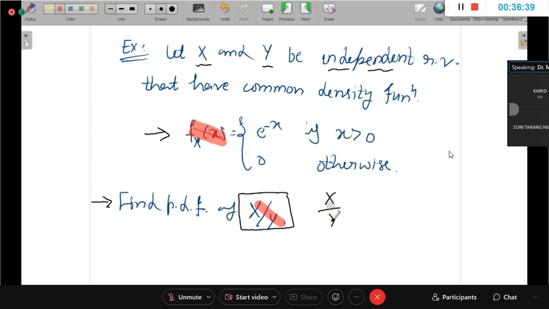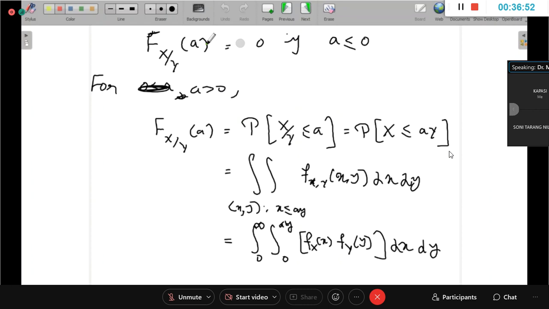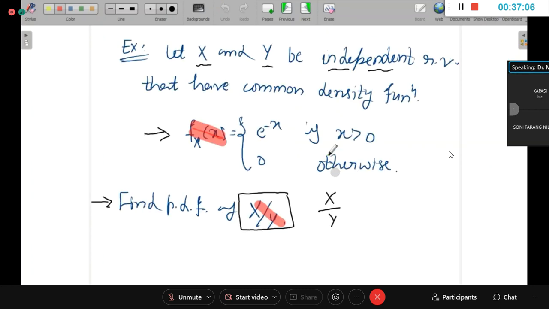Since x and y are random variables, this quotient together will also be a random variable. So there is no question about it. Right. So let's talk about the joint CDF. In the case of a less than or equal to 0, you have to discuss the case.